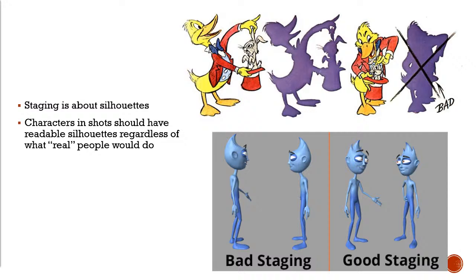But if we have the same scene drawn as it is on the right, there's a few things going on here. One, if this is indeed depicting the same thing, then it's the worst version, because if we silhouette it out, we don't know what's going on. We don't even know if this is a duck.